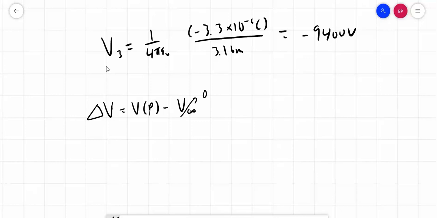So that means that the change in the potential energy between our point P and infinity is just this V at P times Q.